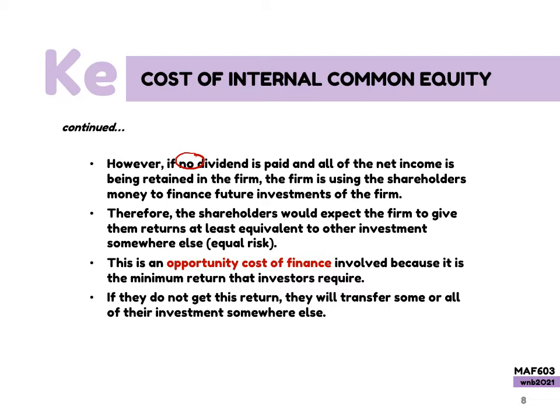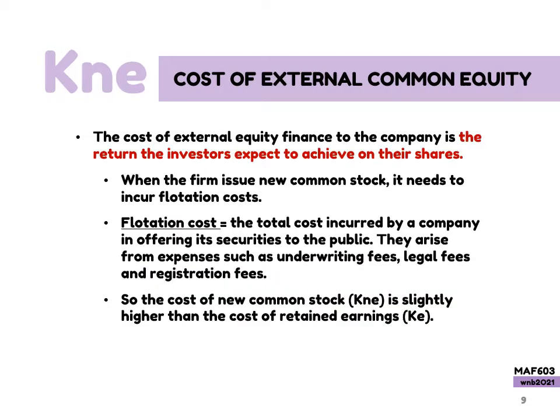So here we can say that the reason to assign the cost to the retained earnings, kenapa nak kena cari the cost for internal common equity, is to compensate the loss of future income on behalf of the common stockholders. Next is the cost of external common equity.